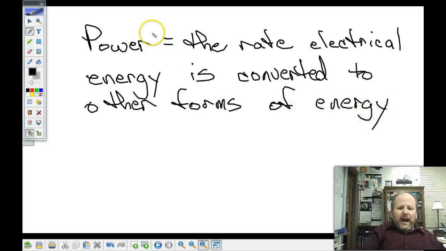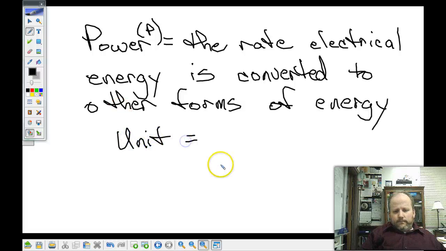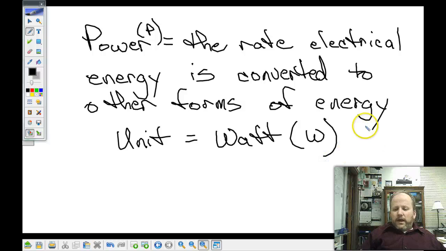The abbreviation for power is a capital P. The unit for power is a watt, which is abbreviated W. I'll also remind you from the previous chapter that a watt is a joule per second. So how quickly is electricity being converted to those other forms we just talked about in the resistor?